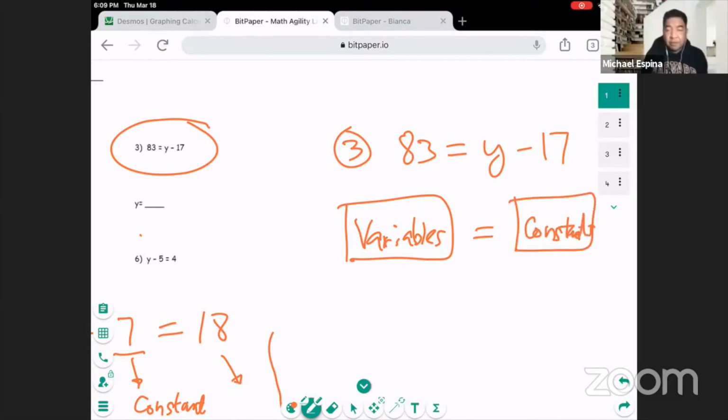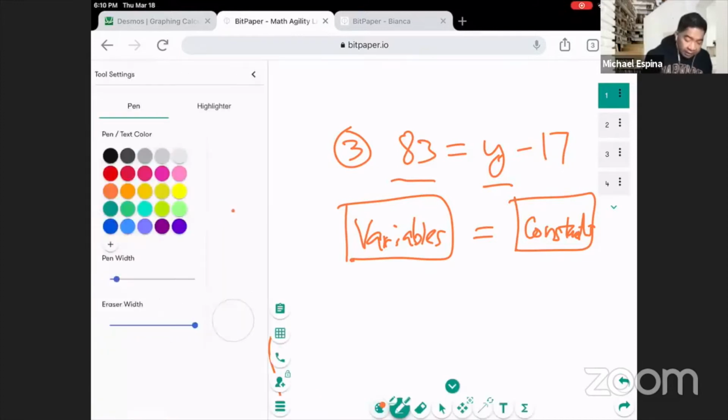So two elements are not in their correct position. The variable y should be on the left side and 83 should be on the right side. Since y is a positive variable, if we move it to the left-hand side of the equation, that becomes negative, right? Correct.